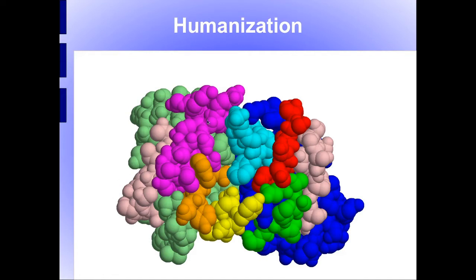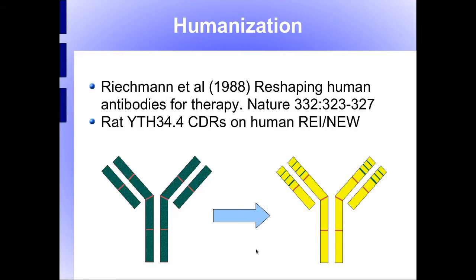Now, given that these 6 CDR loops essentially form the combining site for interacting with the antigen, humanization takes those from the foreign species, like mouse or rat or whatever, and the rest of the framework, as well as all the other domains, the constant domains, from a human.